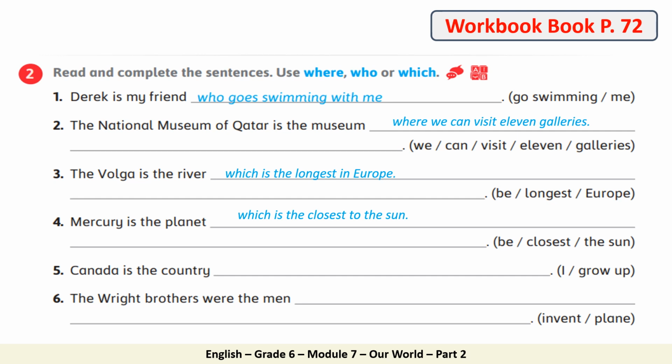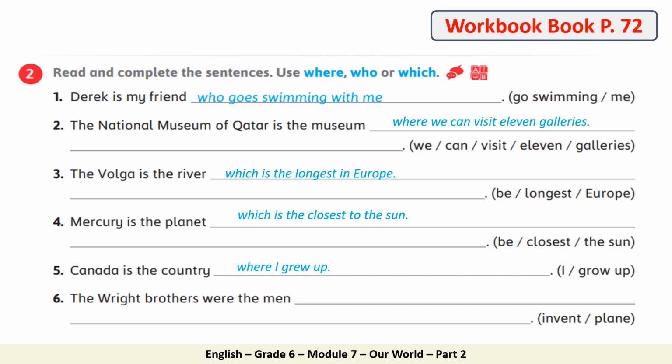Number 5, Canada is the country, and in the brackets we have, I grow up. Country, Canada is a, that's right, it's a place. And so we use where I grew up. Finally, we have number 6.